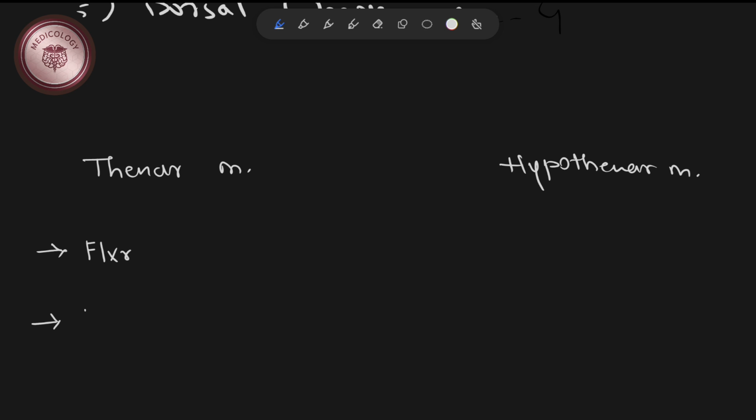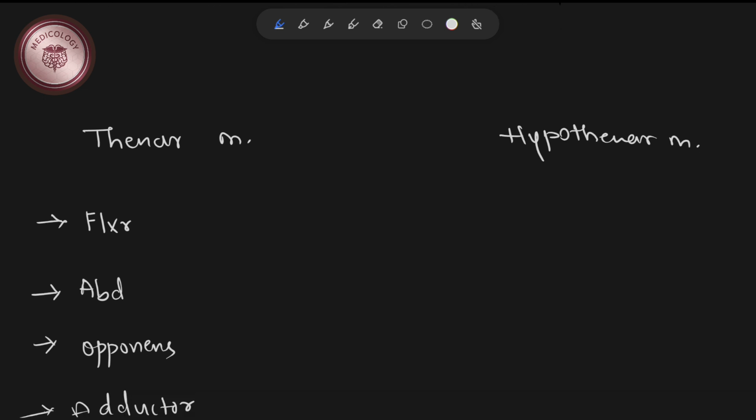Okay, flexor, abductor, then opponens, and adductor. Same here: flexor, abductor, opponens, but not adductor over here, it's palmaris.